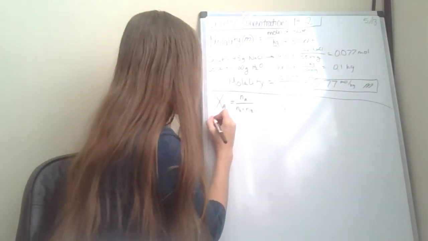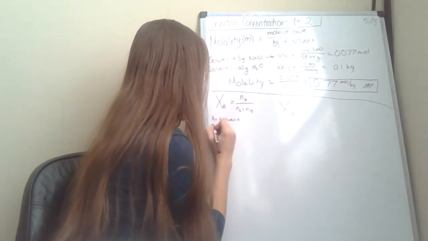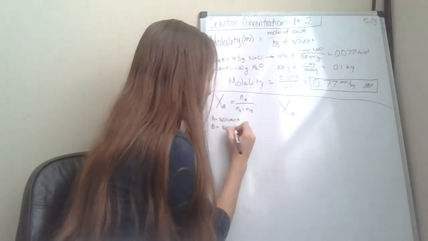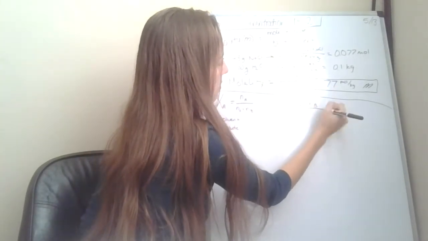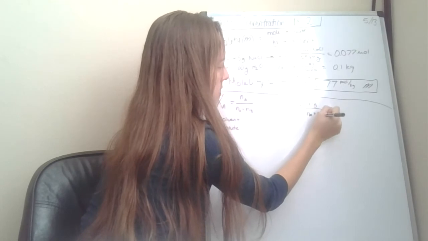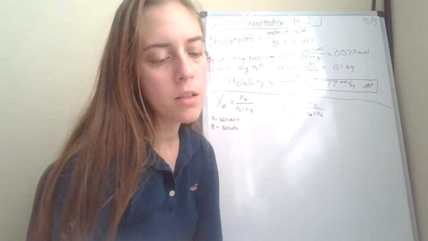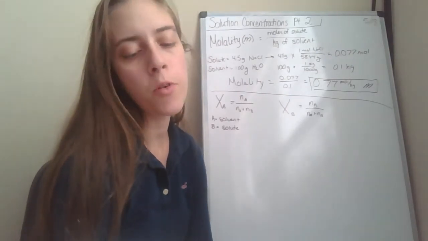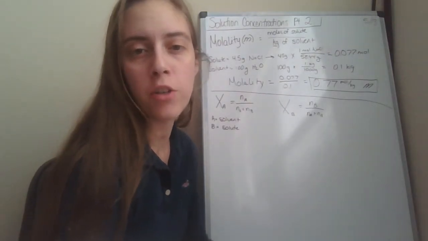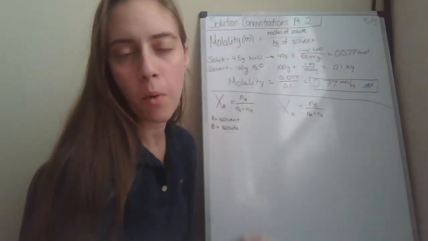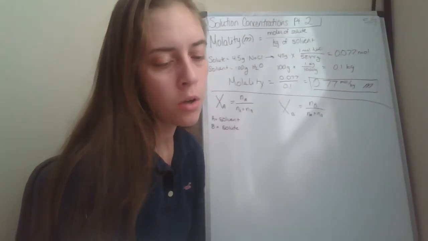So A equals solvent, B equals solute. So XB equals nB divided by nA plus nB. Okay? Why must the sum of all mole fractions equal 1? Because in theory, your fraction is kind of like a percent, and you can't have more than 100% of a solution, right?